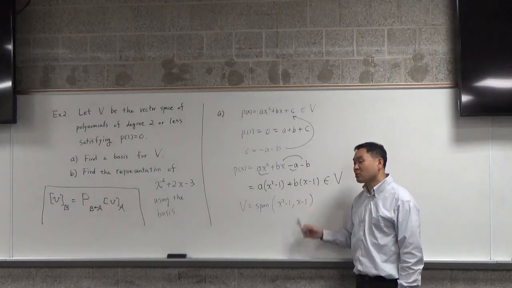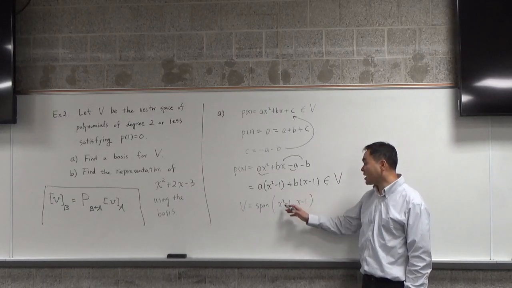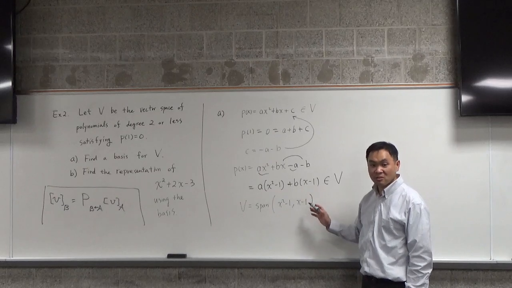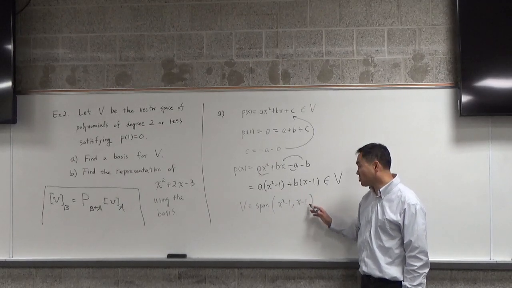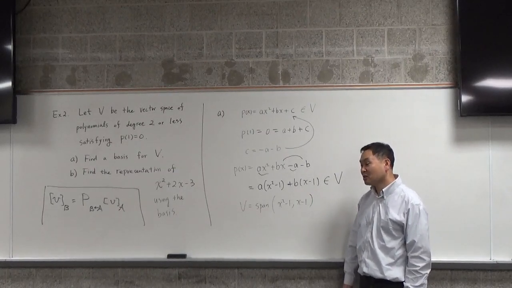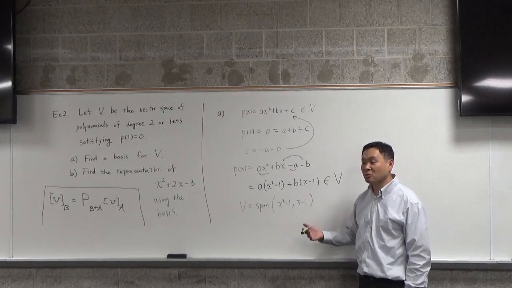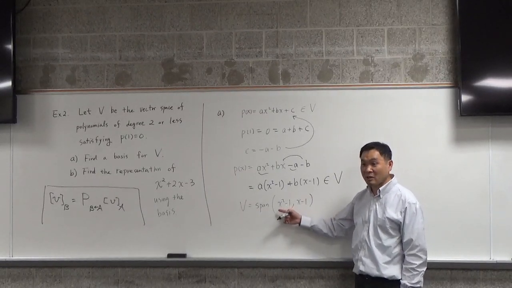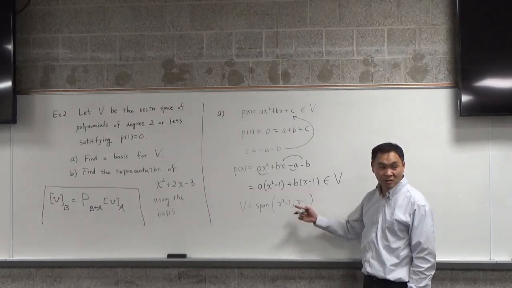Moreover, these two are linearly independent. One is not any constant multiple of the other. It can't be, because you can't take any constant multiple of a first degree polynomial to make it second degree. And any constant multiple of a second degree polynomial would still be second degree unless you multiply by 0, but then that's again not first order, so it can't be.